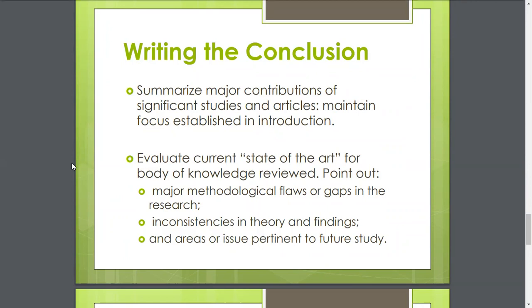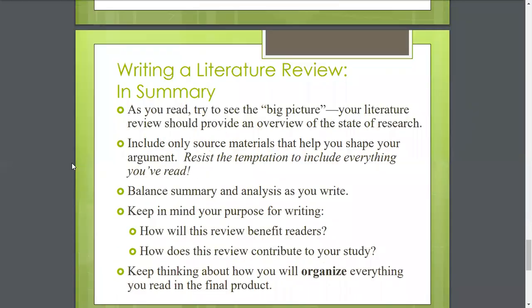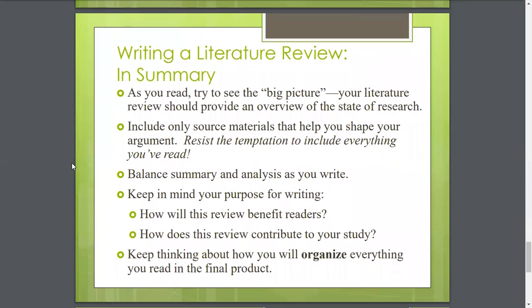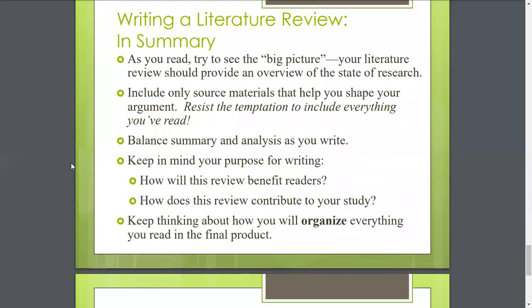Let us say number one, major methodological flaws or gaps in the research, inconsistencies in theory and findings, and areas of issue pertinent to the future study, right? So those are going to be just the most relevant issues when developing the literature review, right?